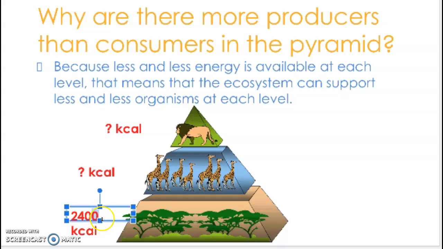So instead of 2400, it'll be 240 here. That's how much energy will be available for the giraffe. And then if this is 240, then this must be 24. So 24 kilocalories will be transferred over to the lions in this energy pyramid that I provided for you.